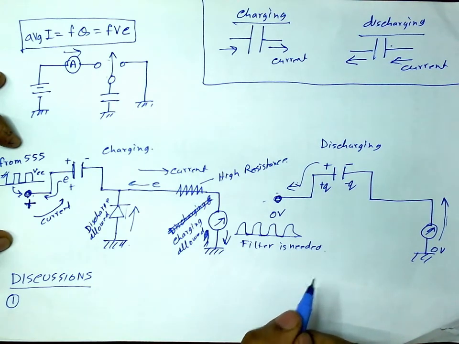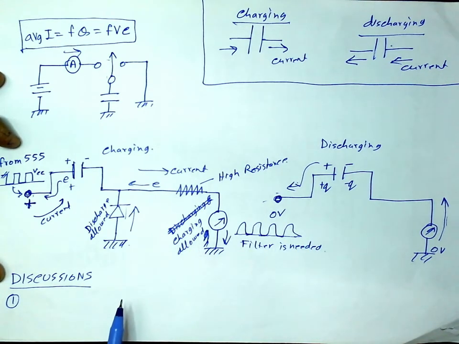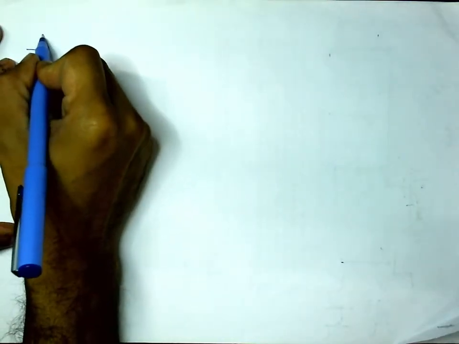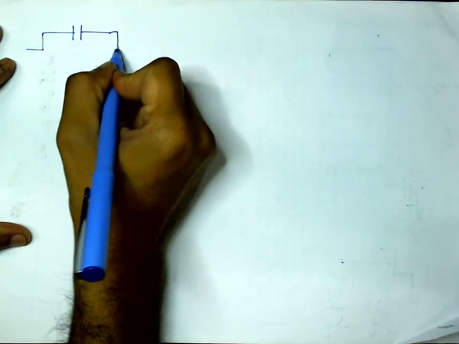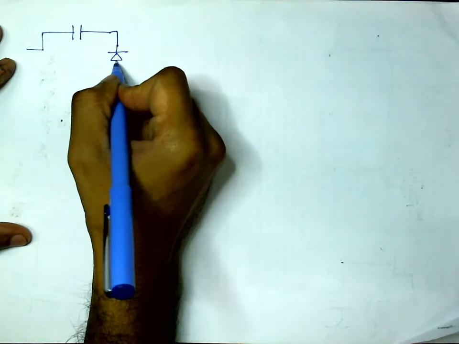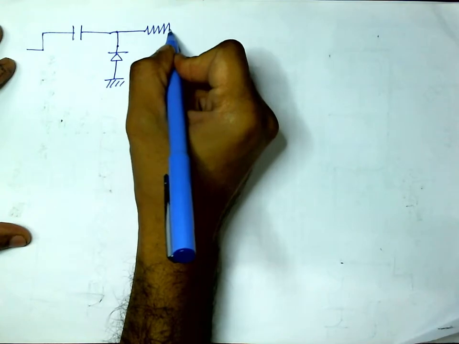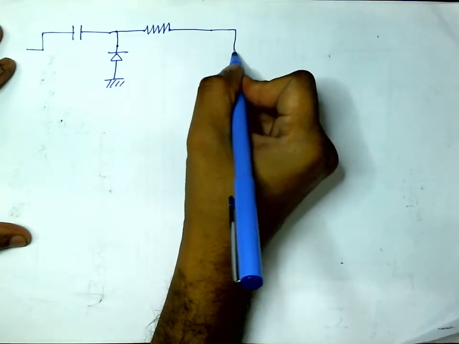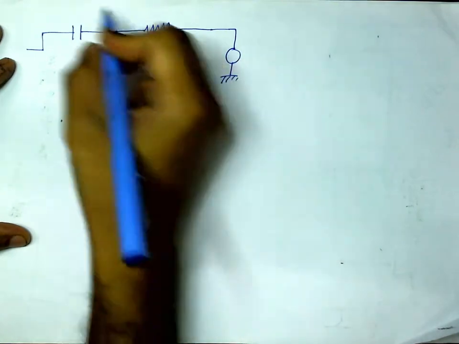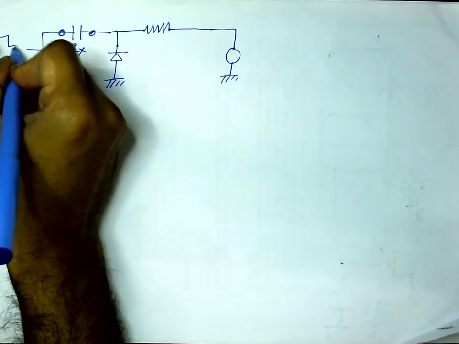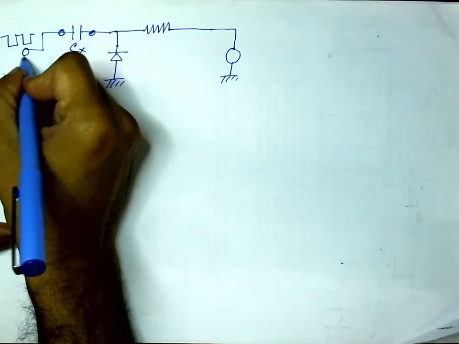What kind of a filter? Let us redraw this. So here is the circuit. Let me draw once again. This is the capacitor. Then I have a diode through which the capacitor gets discharged, and then another path. So here I have this meter through which the capacitor, this is the unknown capacitor, call it C, X for unknown. Here I give the square wave input.